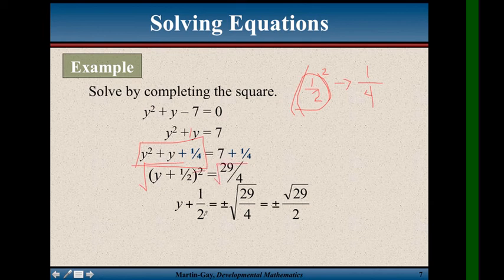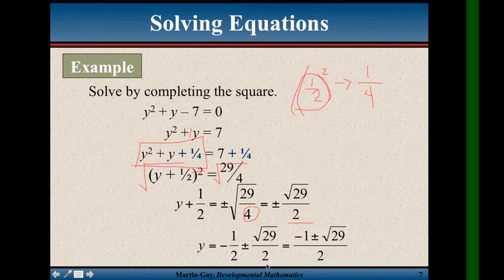So that's y plus 1/2 equals plus or minus the square root of 29 over 4. And as we all know, the square root of 4 is 2. So that is plus or minus the square root of 29 over 2. So our answer will be negative 1/2 plus or minus square root of 29 over 2, which is also equal to negative 1 plus or minus square root of 29 over 2 because they have the same denominator.